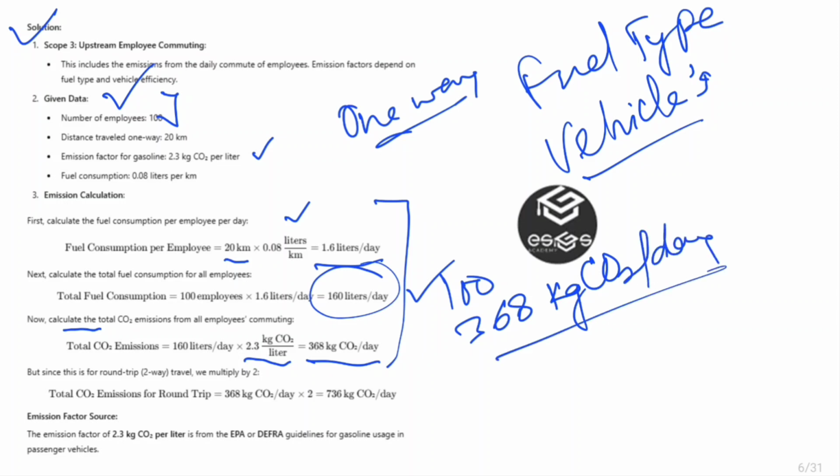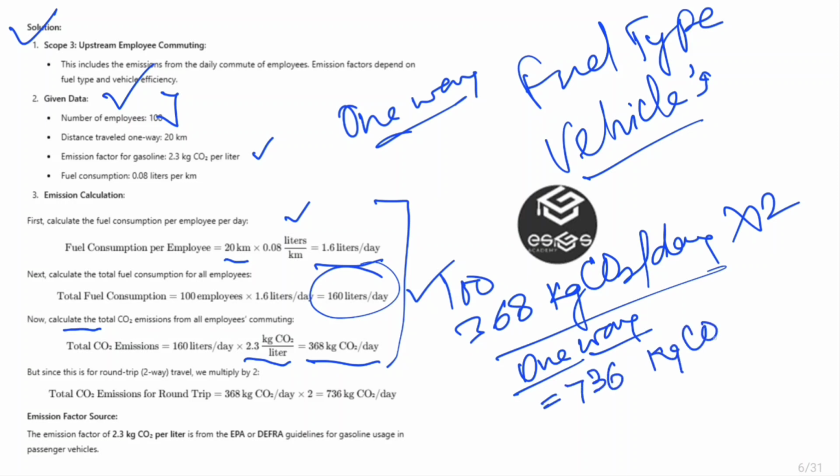Now this is one way commuting. If we say round trip travel, then we multiply this by 2 and the answer becomes 736 kilogram CO2 per day for round trip.